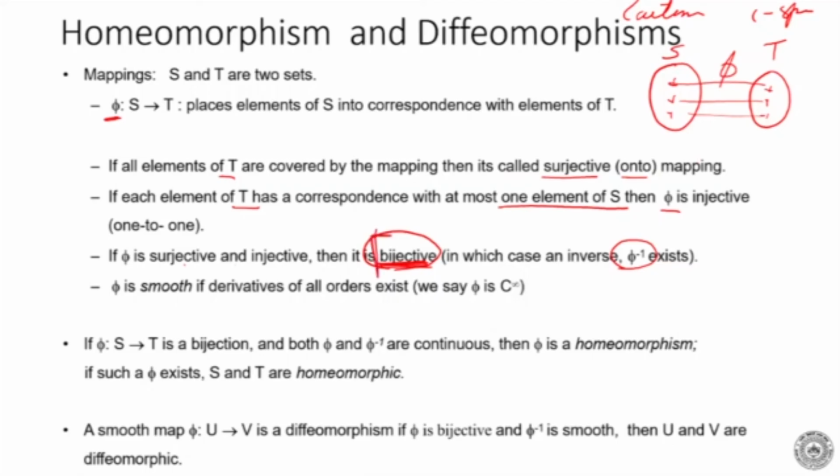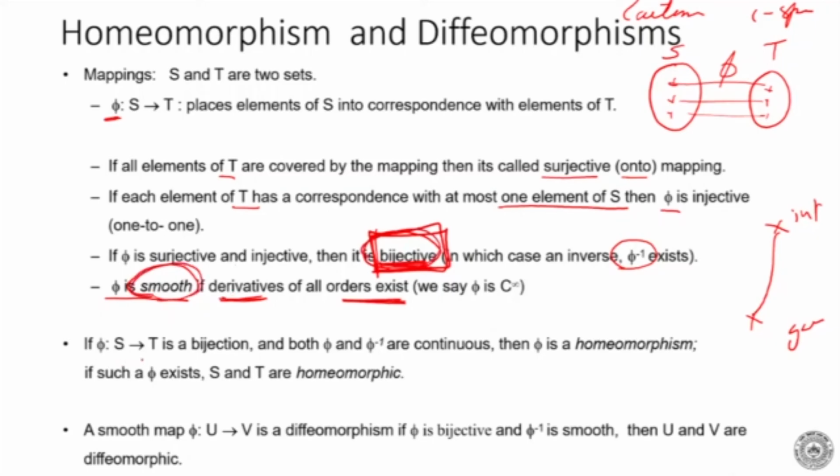So please note the importance of this bijective mapping. The other point is that phi is smooth if derivatives of all orders exist. We said that we have a path from the initial point to the goal point. This path has to be continuous. Continuous means it is smooth if derivatives of all orders exist. So it has to be bijective and it should be smooth.